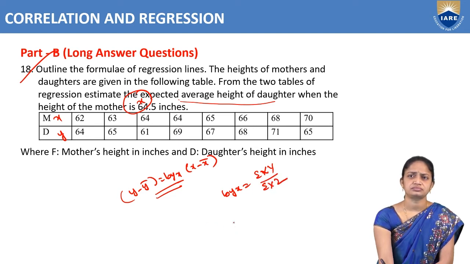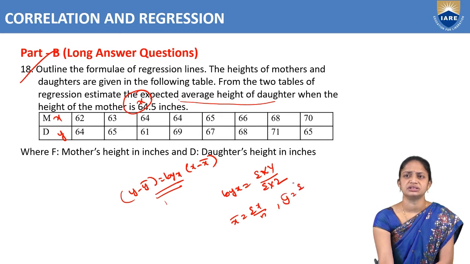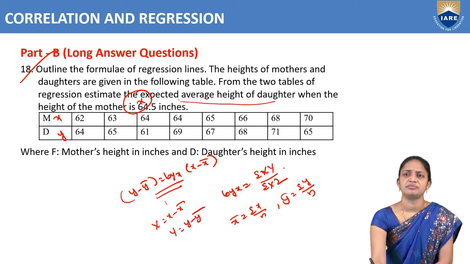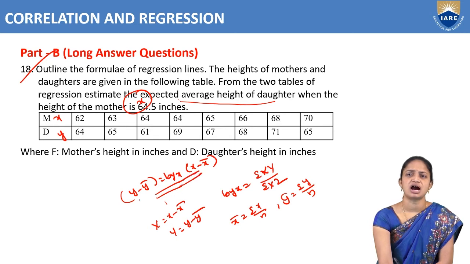Here x bar is summation x by n and y bar equal to summation y by n. Capital X equal to x minus x bar and capital Y equal to y minus y bar. After substituting all these values, we have to substitute x equal to 16.5.